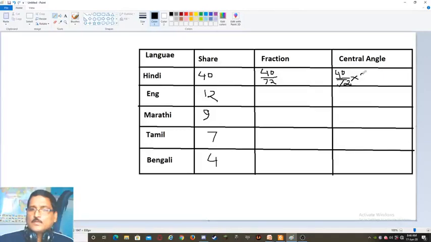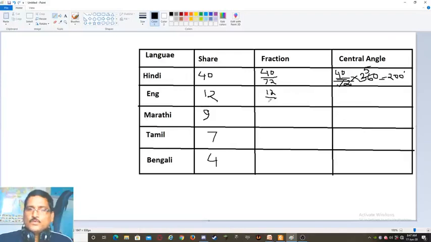Okay, if I cut it, I am getting 72, 5 times. Then it will be 5 40s, 200 degree. Now this is 12 by 72.